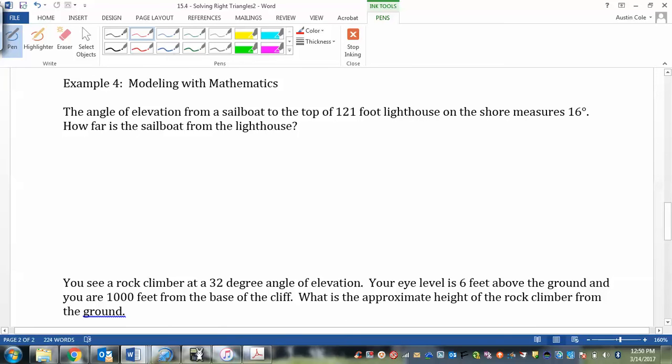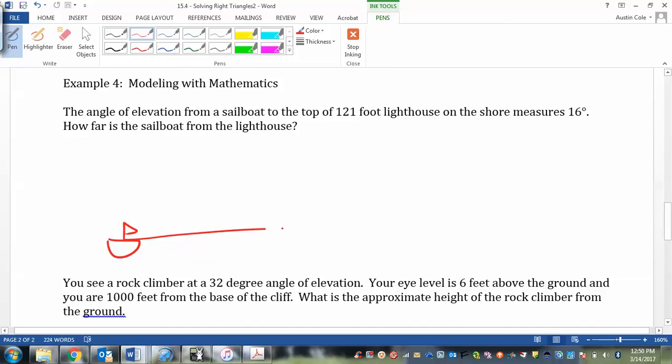It says the angle of elevation from a sailboat to the top of a 121-foot lighthouse on the shore measures 16 degrees. So here's a sailboat, to the top of a 121-foot lighthouse.